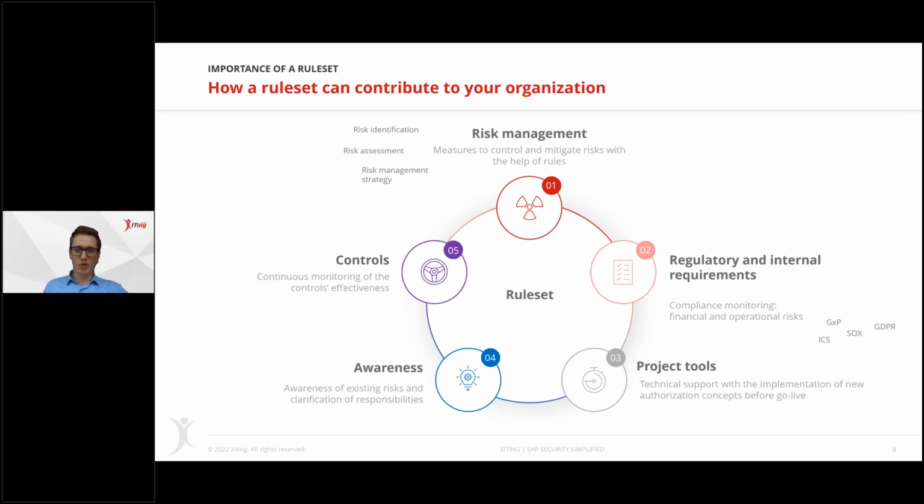Third, we would have the project tools, technical support with the implementation of the new authorization concept. So basically, yes, a rule set could help you identify risks in your roles and in terms of the users and their role assignments, because even before go live, of course, you can already identify who has critical access, or what type of critical access, and if you want to take action before it goes into production, and then the access might be used or even misused, right?